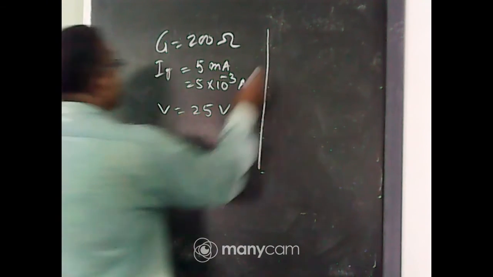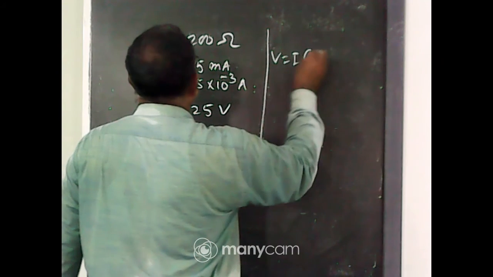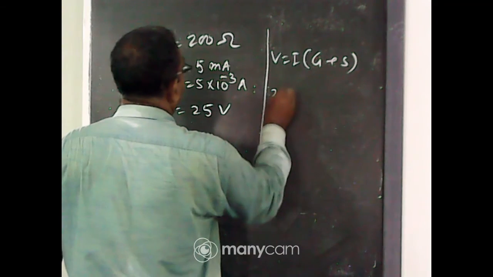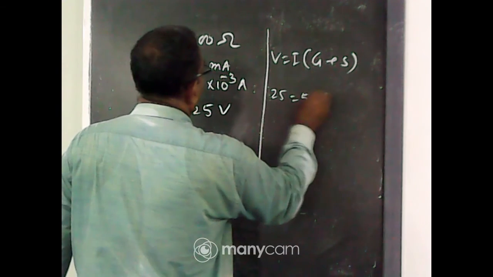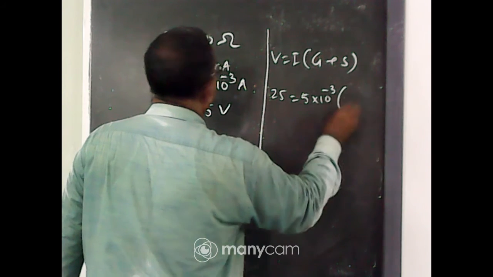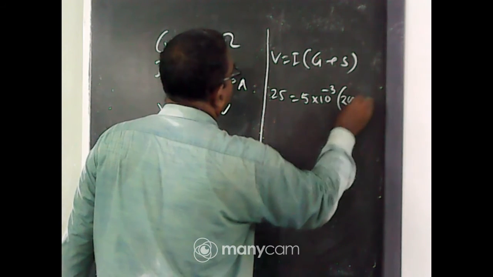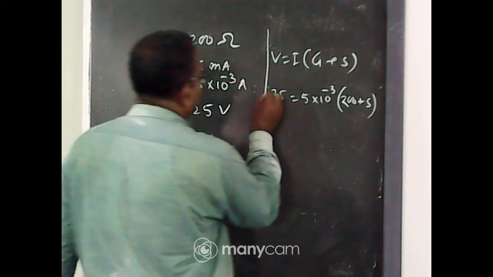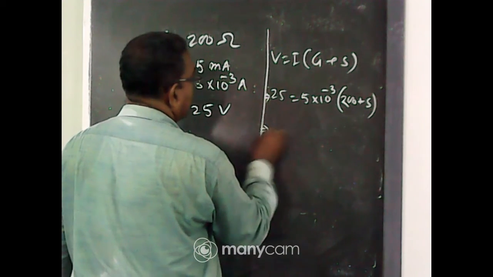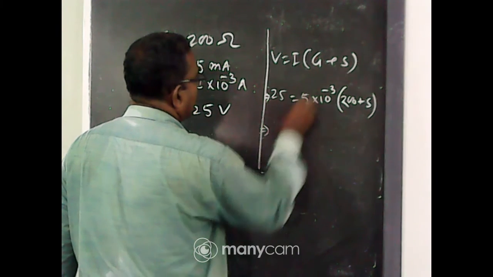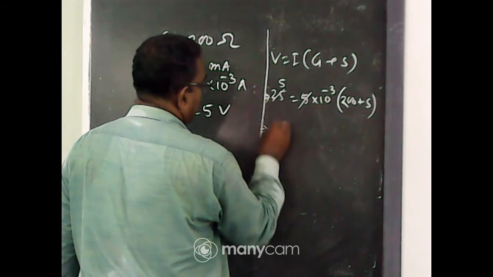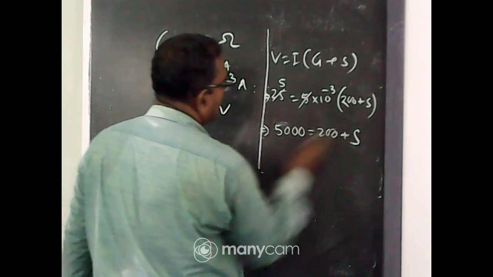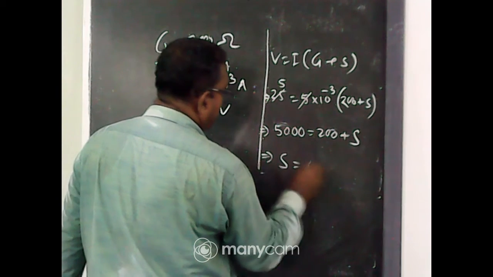The formula is V equal to I into G plus S. So V means 25, I means 5 into 10 to the power minus 3, G means 200 plus S. What will be the value of S?